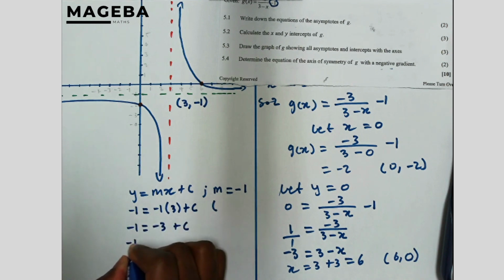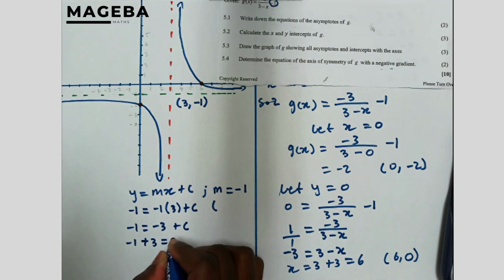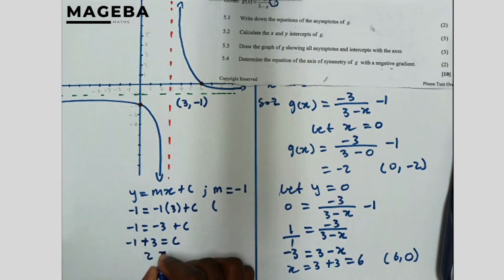This goes to the other side, plus 3 equals c, and it's just going to be positive 2, which is equal to c. My equation here is just y equals negative x plus 2, and this is my equation of the axis of symmetry with a negative gradient. I hope everyone understands.